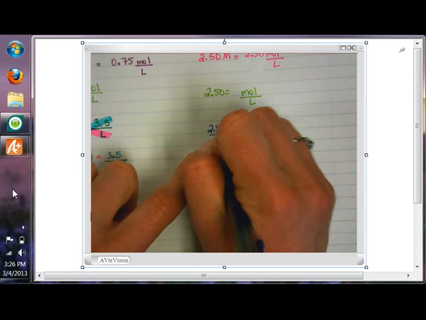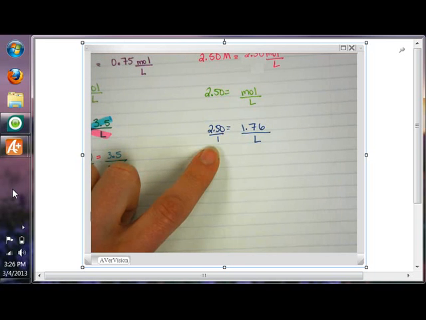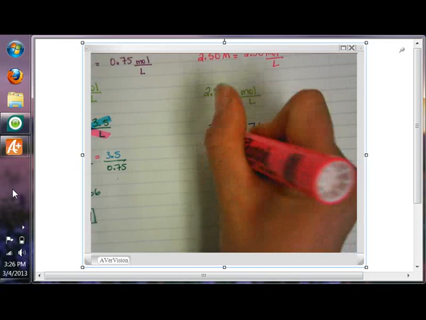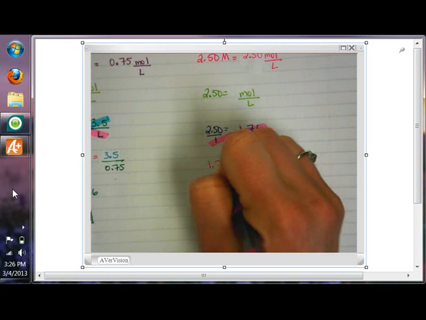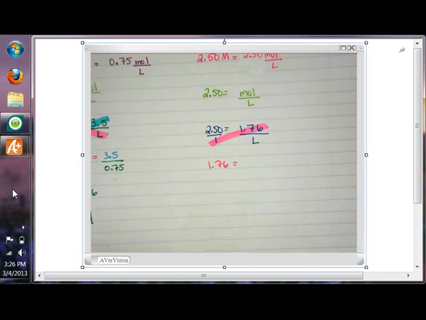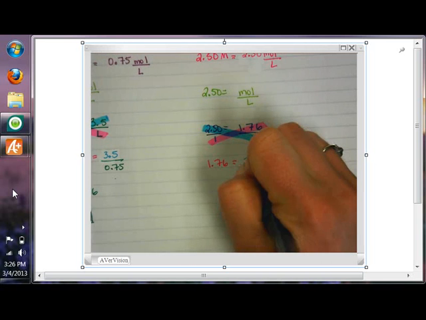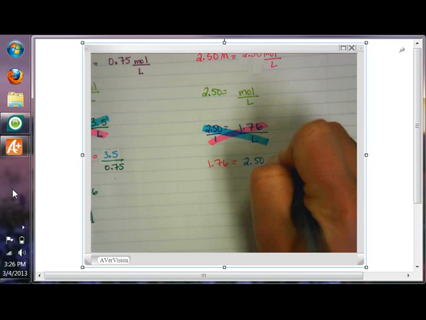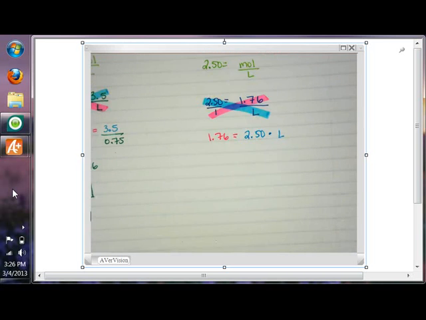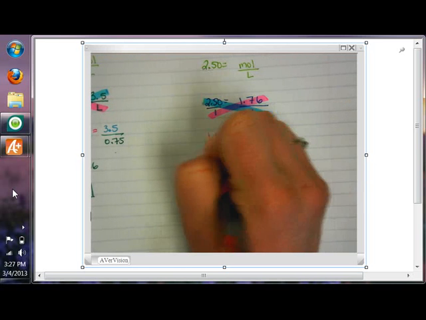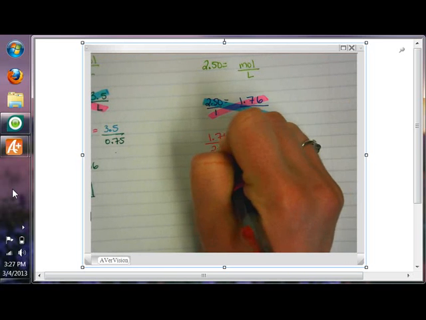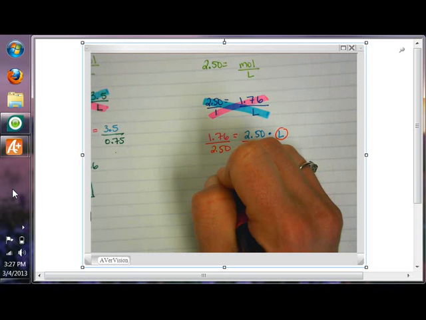Technically, this guy is over 1, so I cross multiply. That gives me 1.76 equals, cross multiply the other two, 2.50 times liters. You want to solve for liters, so you divide each side by 2.50.